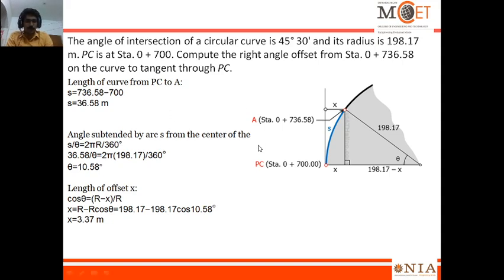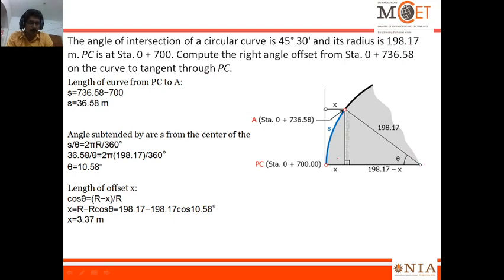So this is the point they consider for it. The perpendicular offset has to be set out. This distance they are asking.